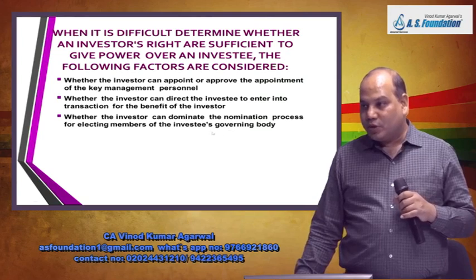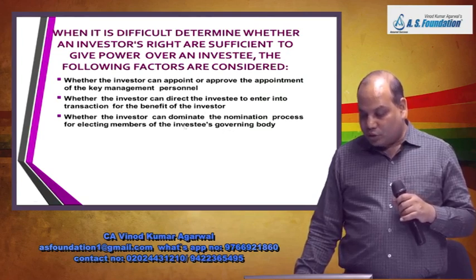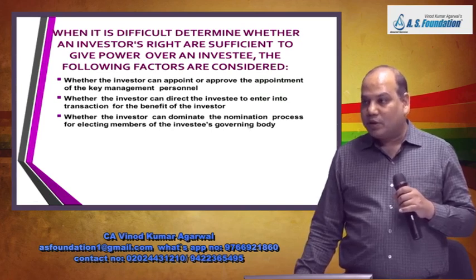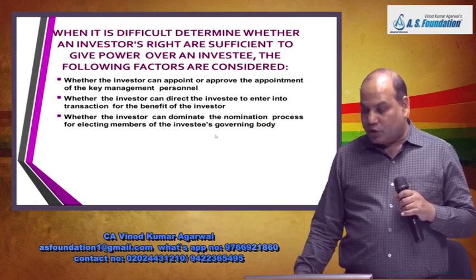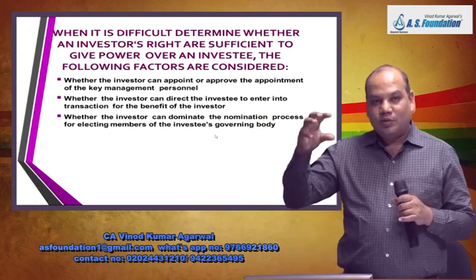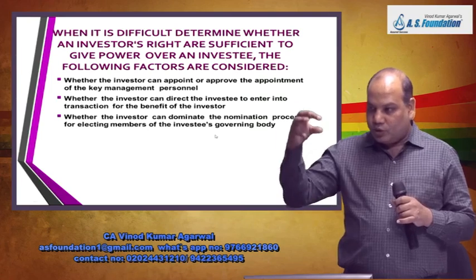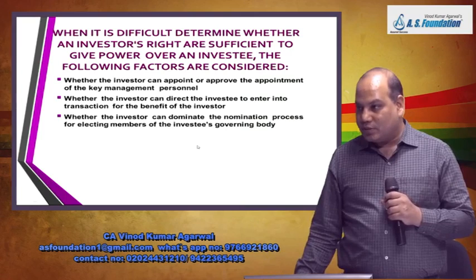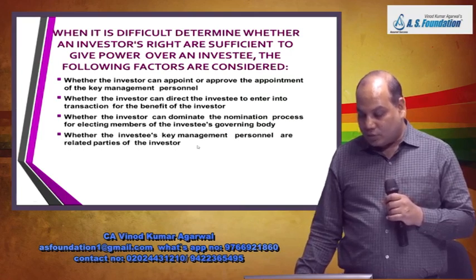This is also a very important power. You are dominating the nomination process for electing members of the investee's governing body. That means you have a major role in deciding who will be the board of directors, who will be the members in the important committees of the company. It means you have the control.